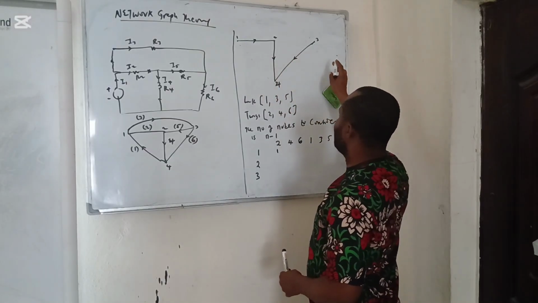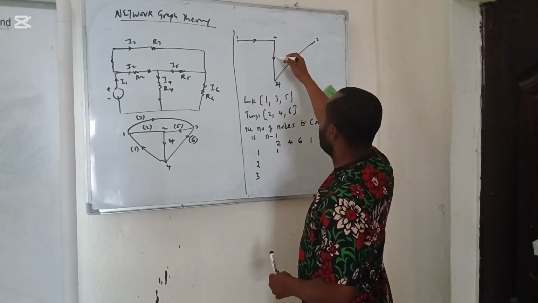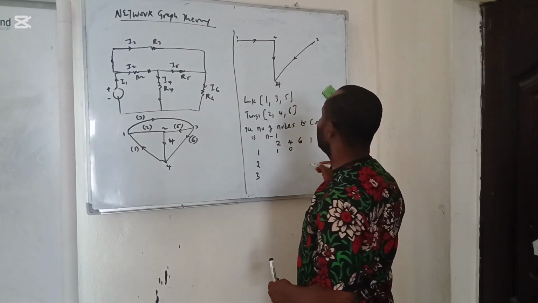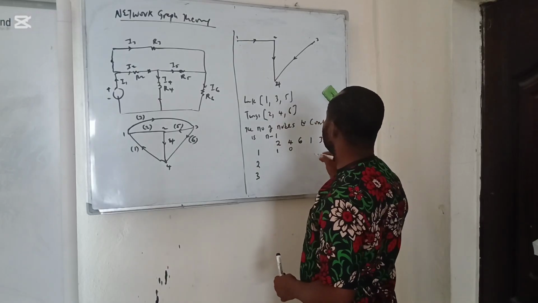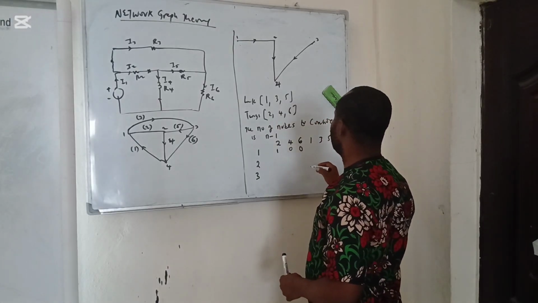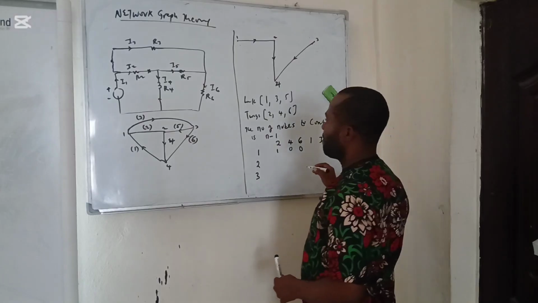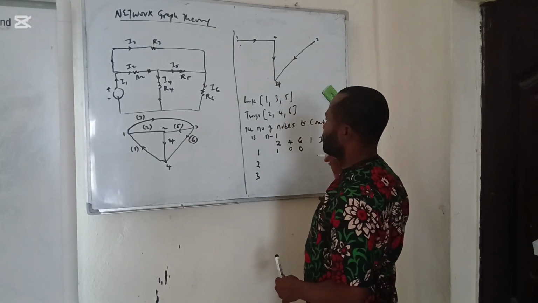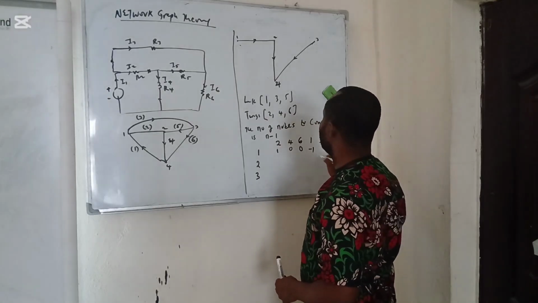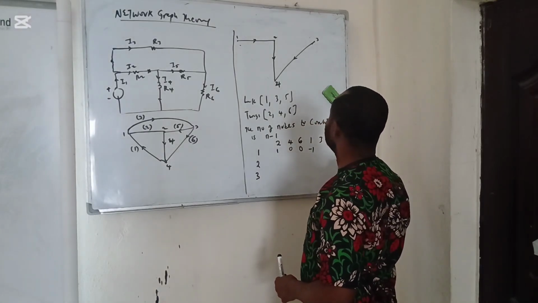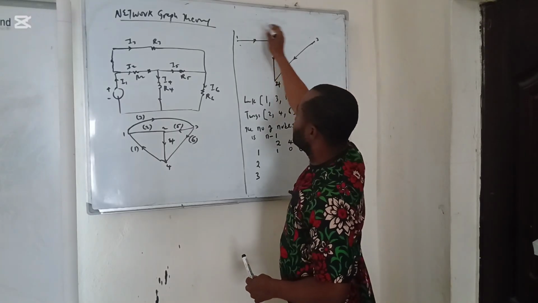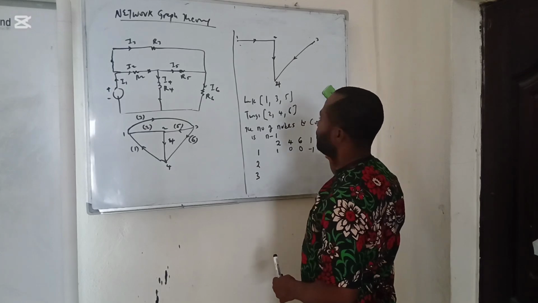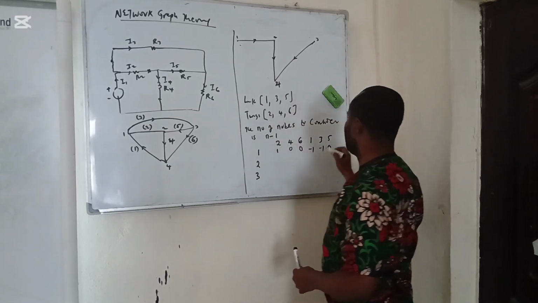Branch 4 to node 1 is 0, they don't have any relationship. Branch 6 is also 0. What about branch 1? Even if it's not there, you can still write something, and that is minus 1. And branch 3 is moving towards node 1, so we have minus 1. And finally branch 5, we don't have any relationship.